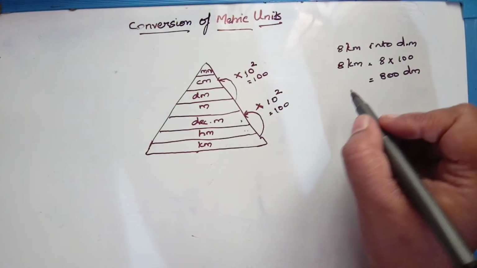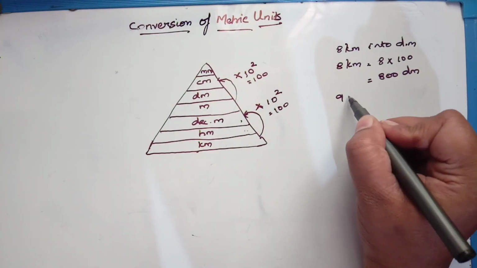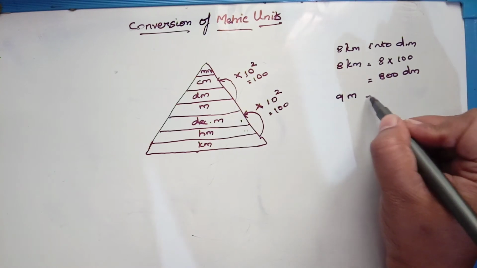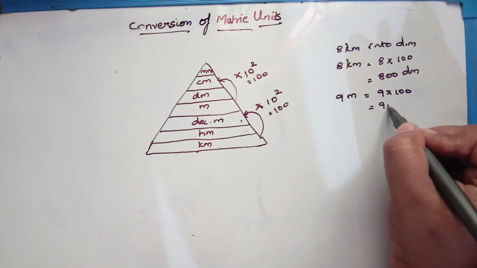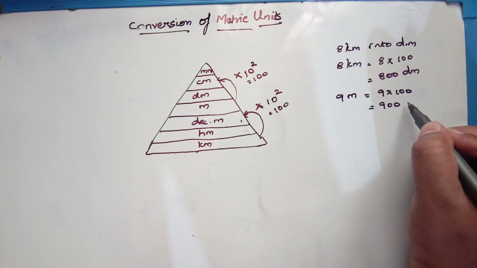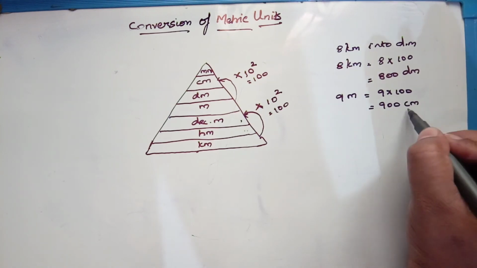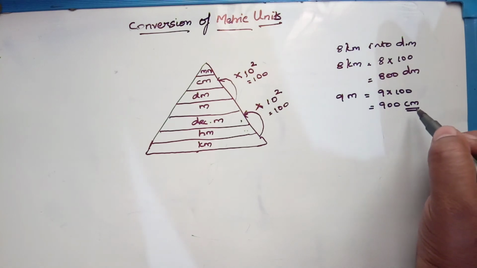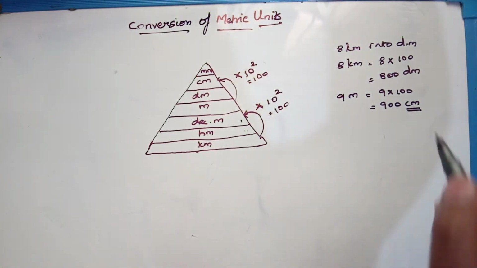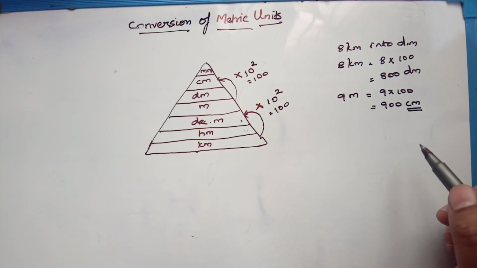Likewise, suppose 9 meters. That can be written as 9 into 100, which is equal to 900 centimeters. This is very important: after converting, the units are very important. Without the units, you cannot get the full score, and it cannot be identified also.